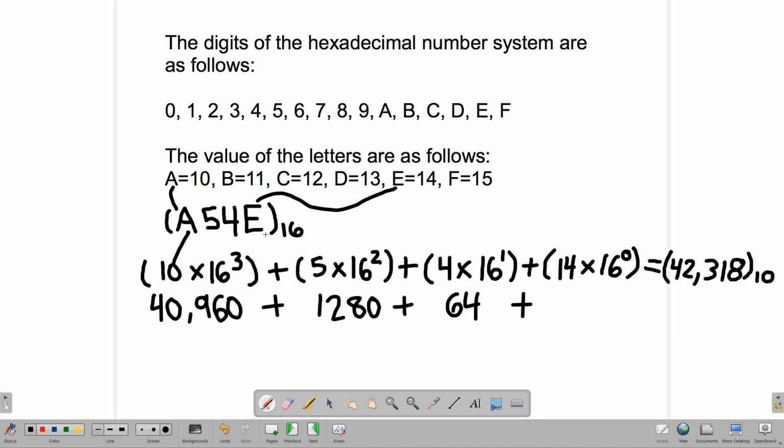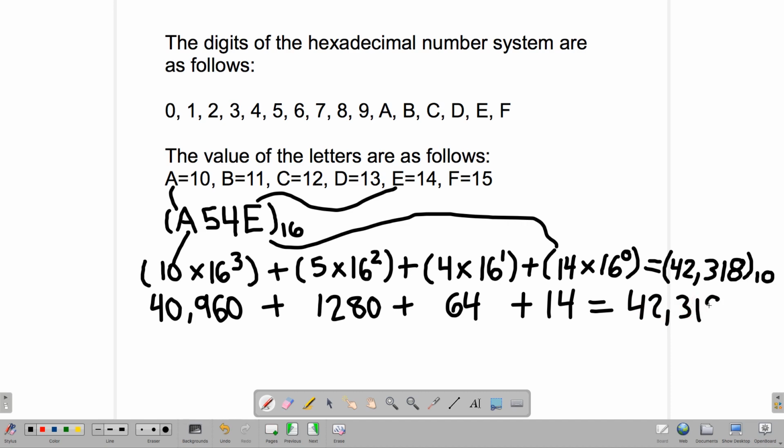So E is representing the value 14. So we got 14 times 16 to the 0 power. That's the same thing as saying 14 times 1, so just 14. It's here. And that comes out to a value of 42,318. And that is represented as a decimal value.